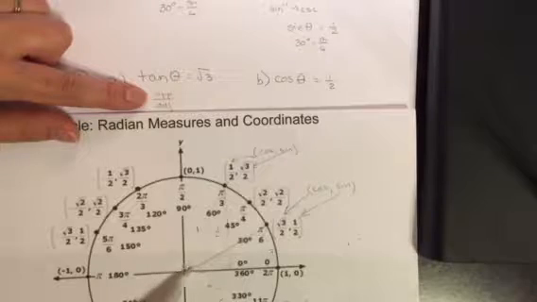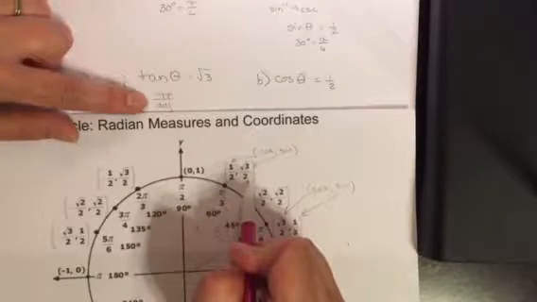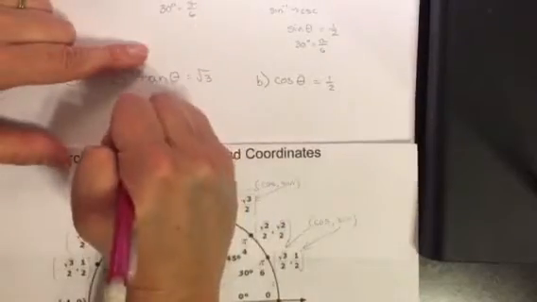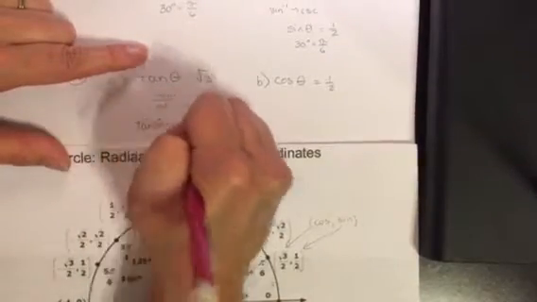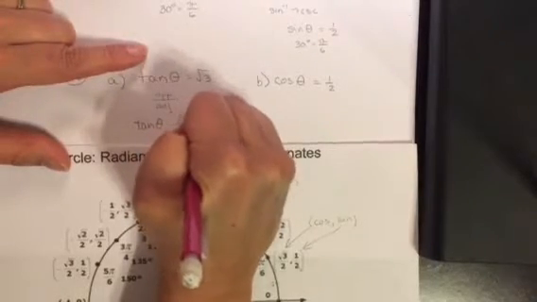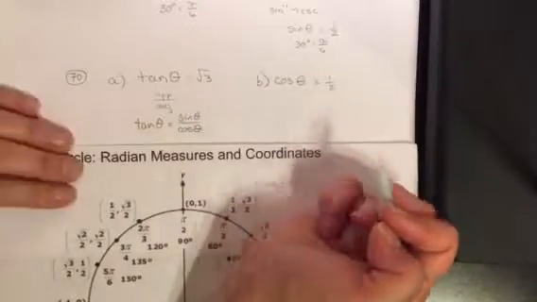So remember, my central angle is here, and the opposite needs to be √3 over 2, and the adjacent needs to be 1/2. Because remember, if we're doing opposite over adjacent, we're also doing sine over cosine. Same thing, because the hypotenuse value cancels out.